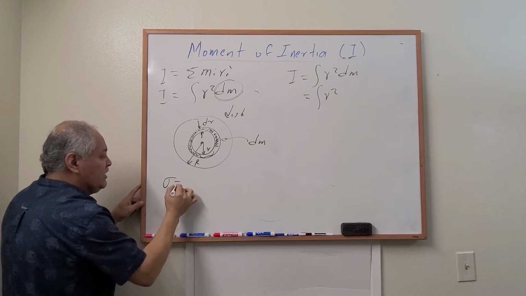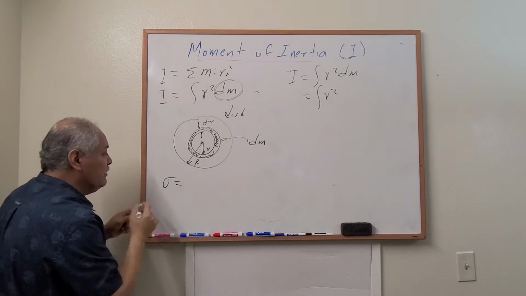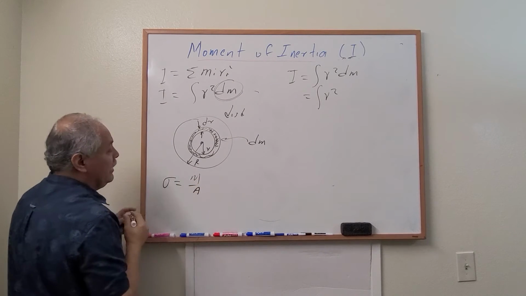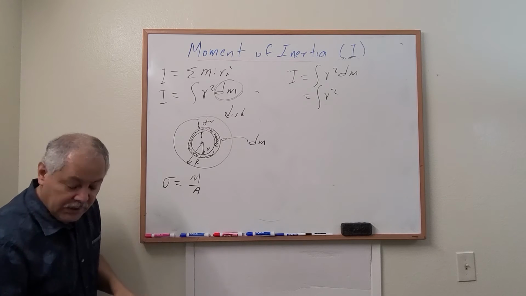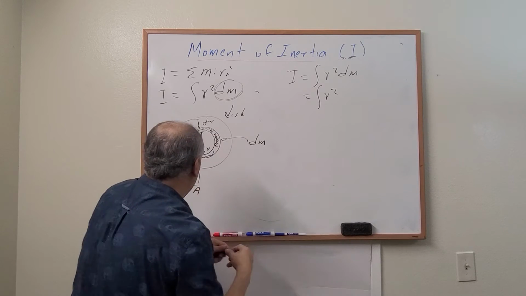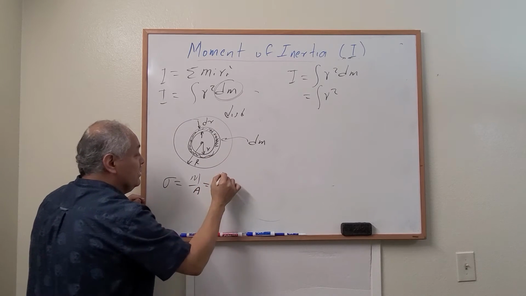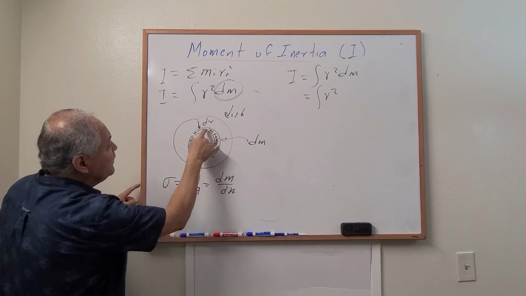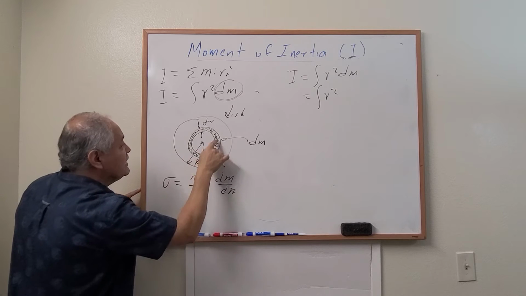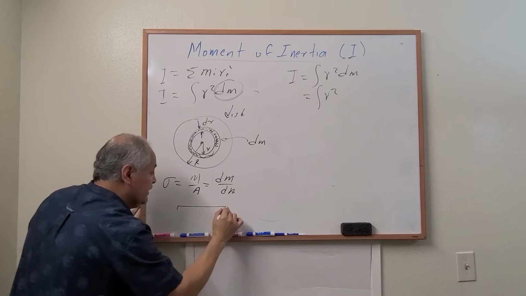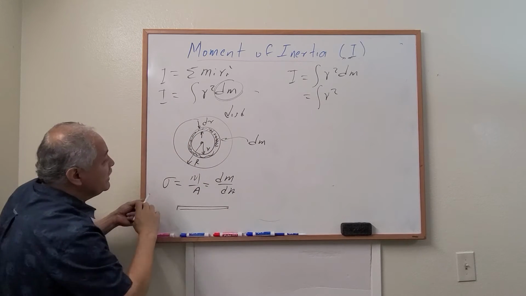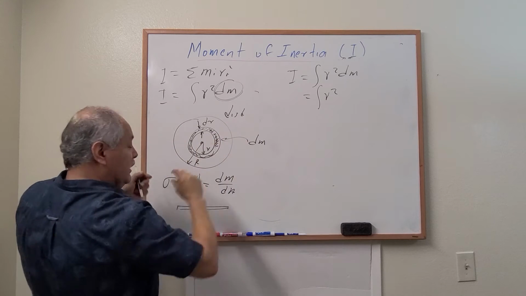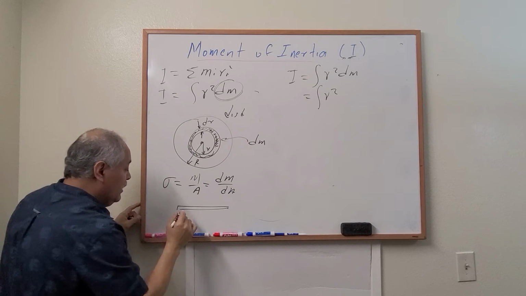Remember, we have sigma, the surface density, equal to mass over area, correct? And then we can also make it equal to dm over dA. But what is the area of this segment? Well, this is this segment right here. We just cut it and make it straight, and we create a rectangle.